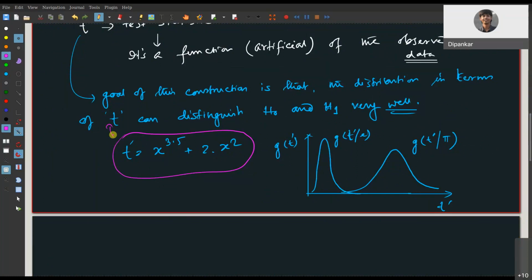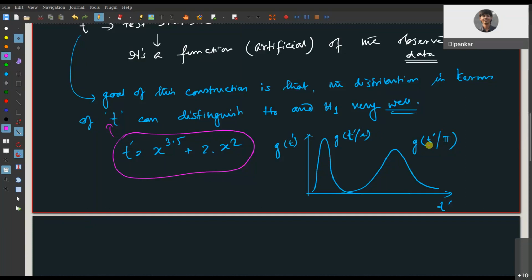So the whole point of constructing a suitable test statistic is whether it can distinguish one hypothesis from the other. The construction of an optimal test statistic is itself an interesting point of research.